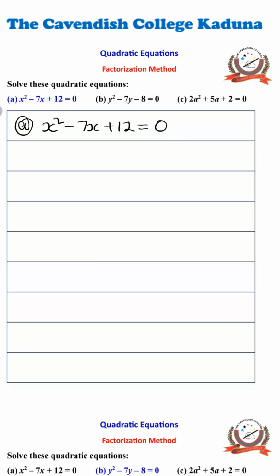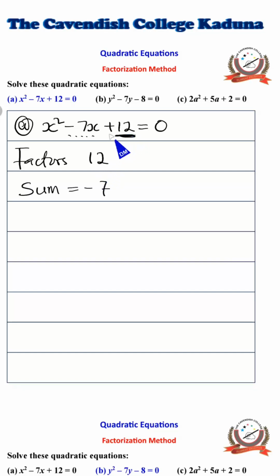And what we do here is we are looking for factors of 12, the constant term, whose sum will be negative 7, that is the coefficient of x. Since we are looking for factors of a positive number and the sum is negative, both numbers must be negative.